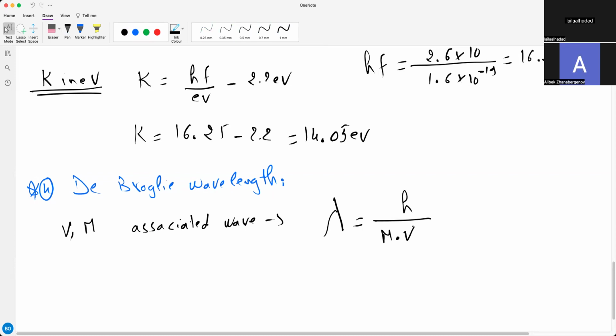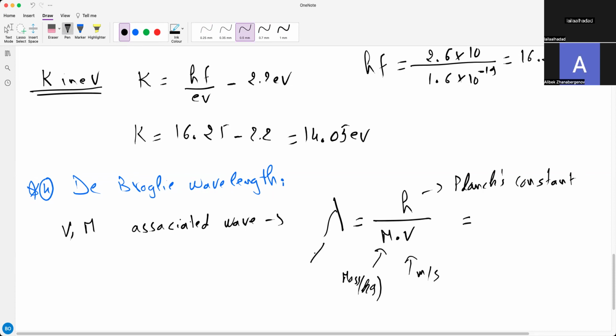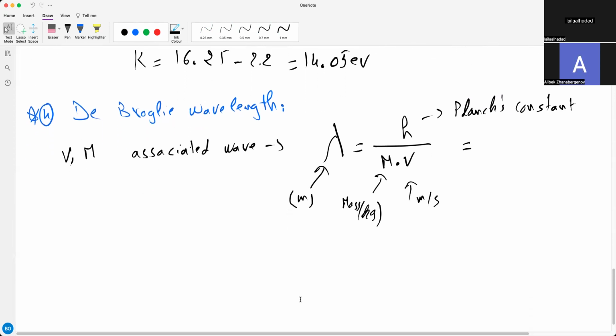So this is Planck's constant, the mass in kilogram, the velocity in meters per second, and obviously the wavelength will be in meters. This is what de Broglie came up with, and this is the basics of quantum mechanics.